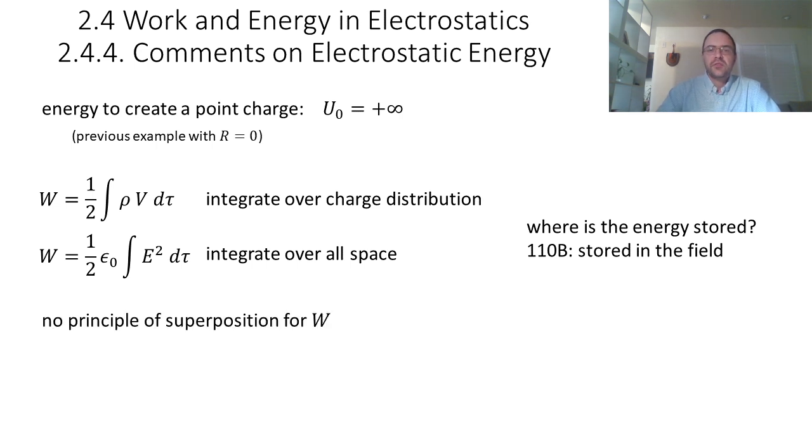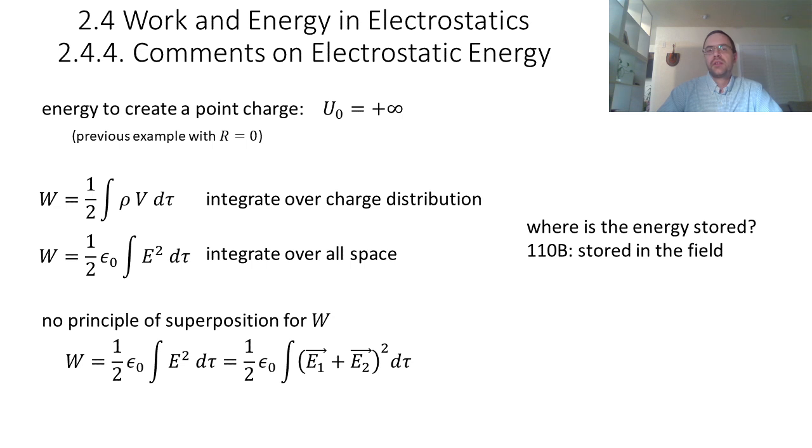And finally, the last comment is that the energy does not obey the principle of superposition. And you can see this directly using the formula with the electric field. If you have two charges each creating an electric field, you know that the electric field itself is E1 plus E2, but the square will have E1 squared plus E2 squared and an additional term 2E1 dot E2.